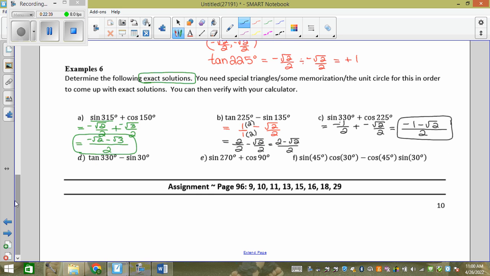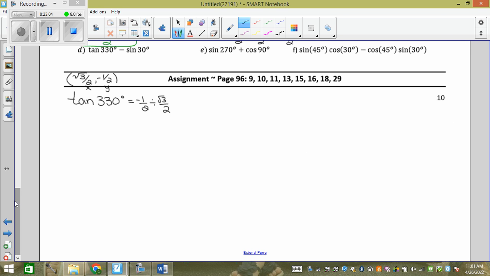Tan 330. So that's a big one. So at 330 we have root 3 over 2 and negative a half. This is my x, this is my y. So I'm going to have to go negative a half divided by root 3 over 2. This is that one that we had to rationalize, kind of ugly yesterday.